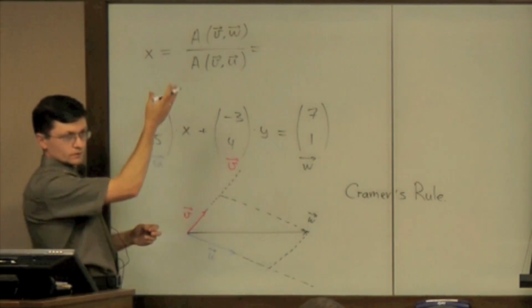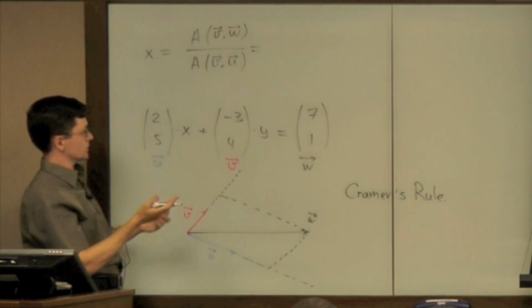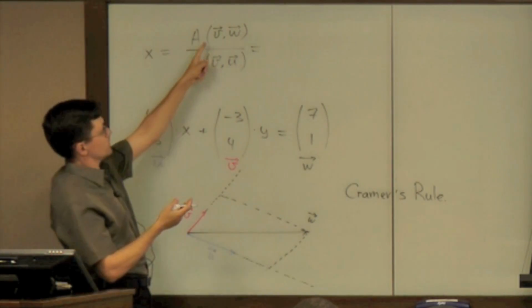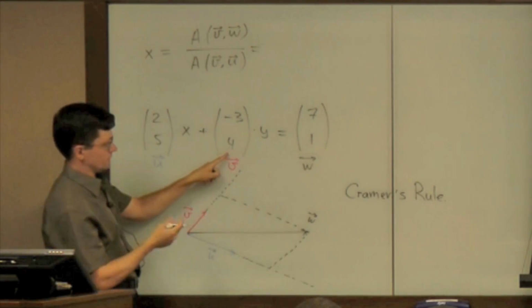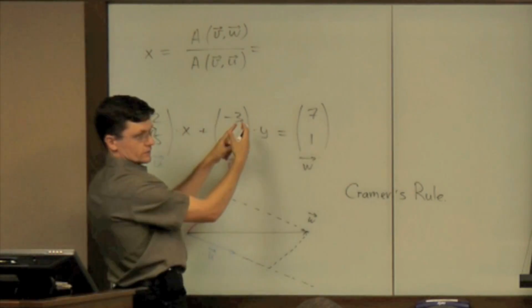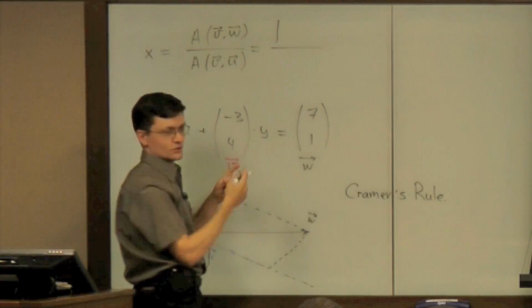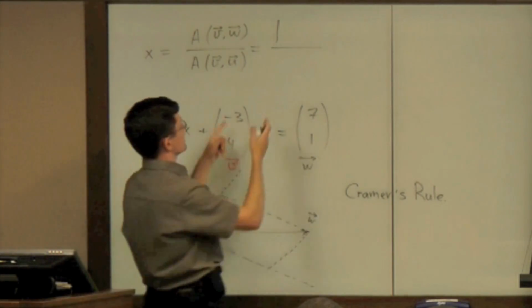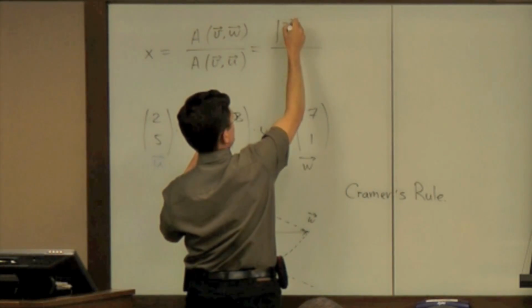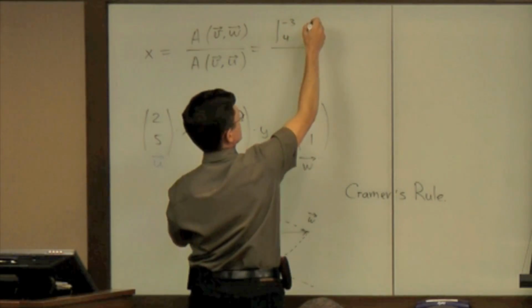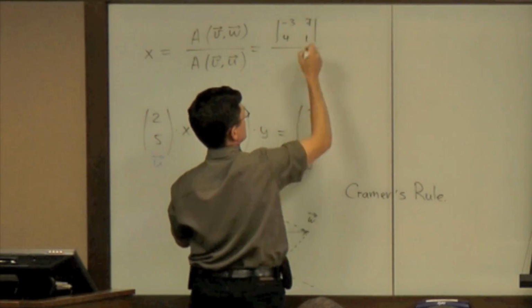Now, can we compute that quickly? Well, sure we can. For the area of V and W, we take that V, that W, put them together in a 2 by 2 matrix. Now I'm speaking linear algebra language, right? We are making that matrix -3, 4, 7, 1.